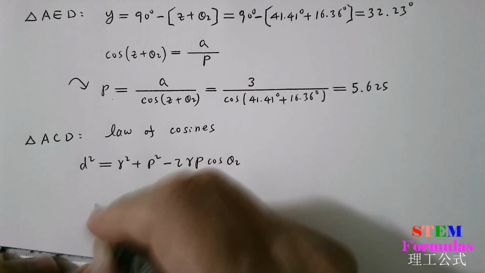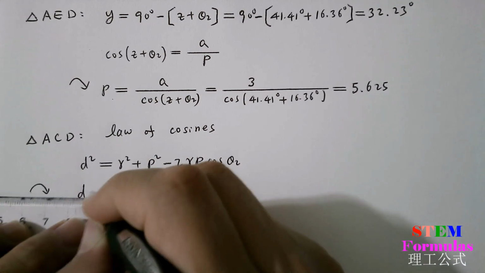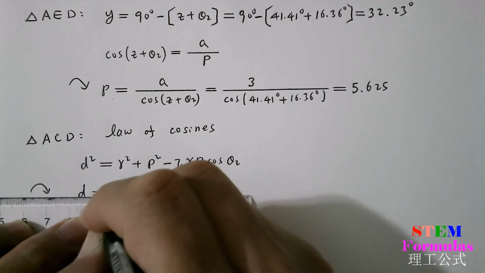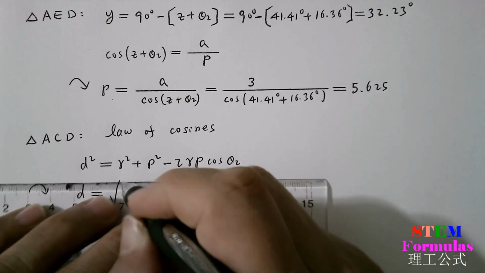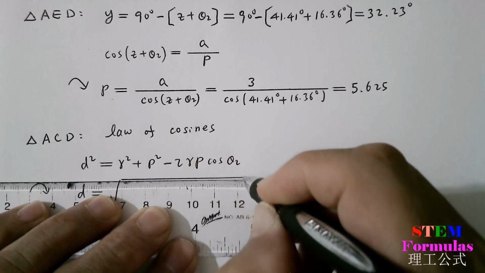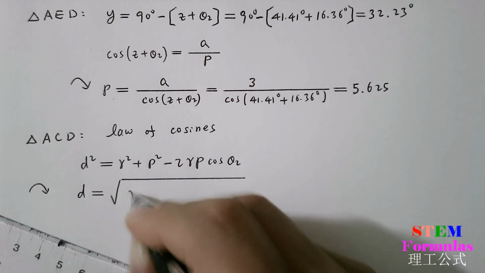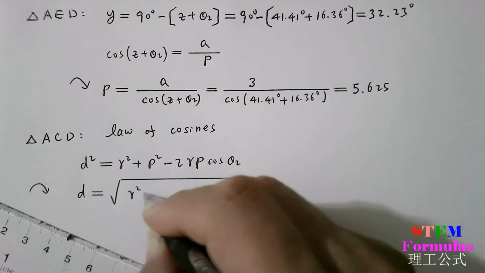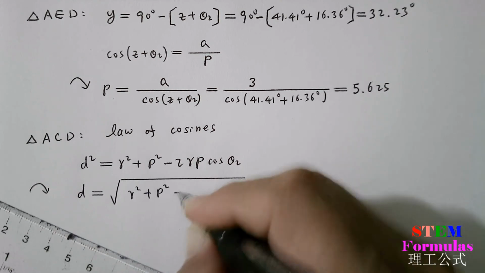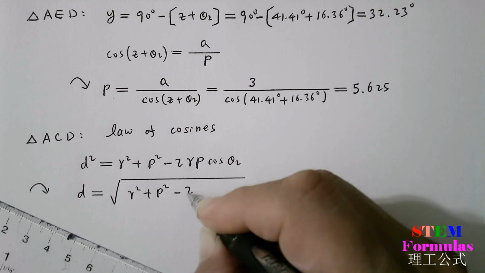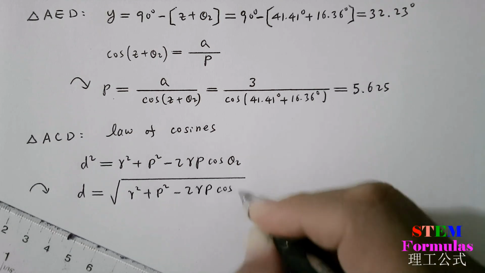Therefore, D equal square root of R square plus P square minus 2 times RP cosine theta 2.